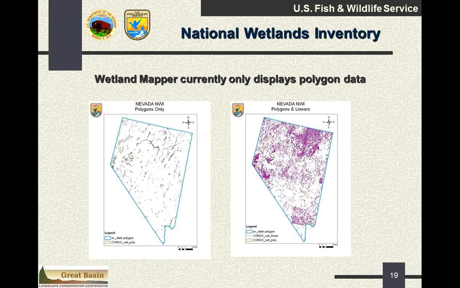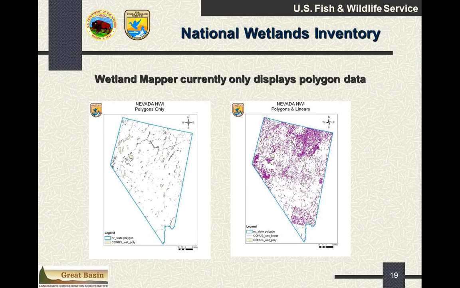So you can see that there's a lot of data that's not even served on our mapper, and we've resolved that with our new methods where we are only mapping polygon data. So we're buffering all of our stream data, what used to be line data, and putting it into a polygon layer.